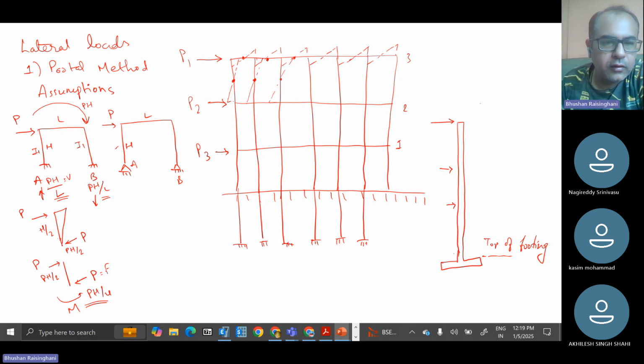Now when you see this particular pin support, everything remains the same. The only thing is P into H by L is the moment which will not change. The global moment is there, so it will not change. Again, it will be P by 2 and P by 2 only.